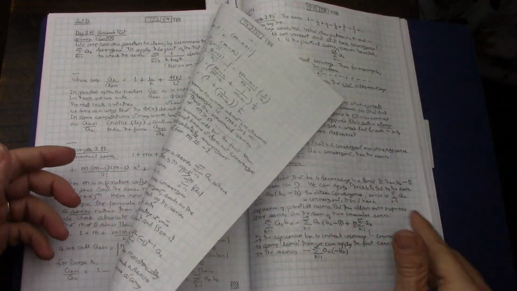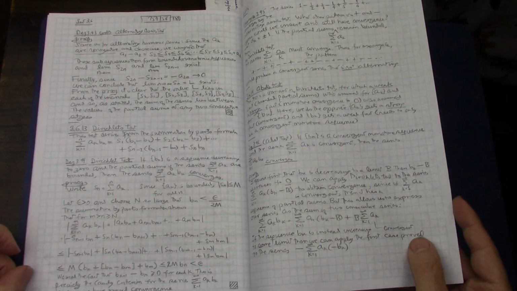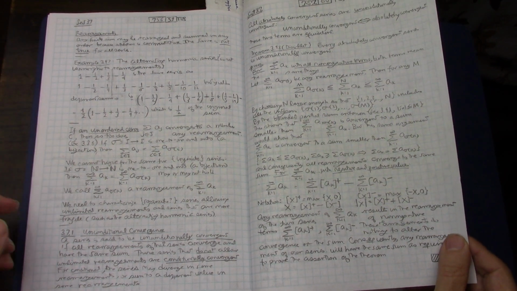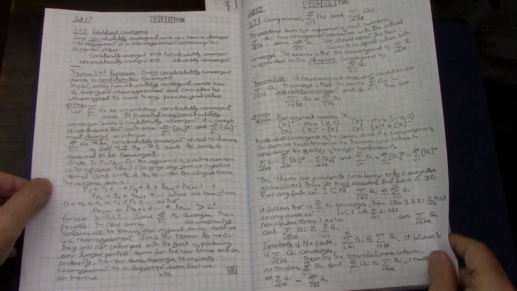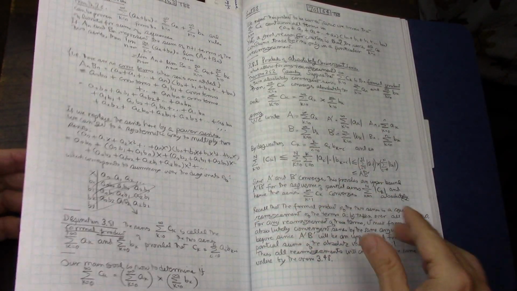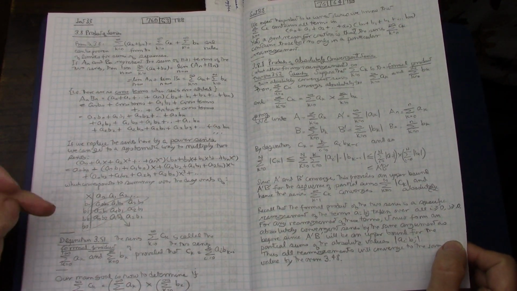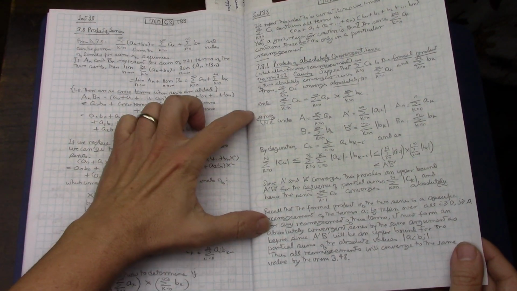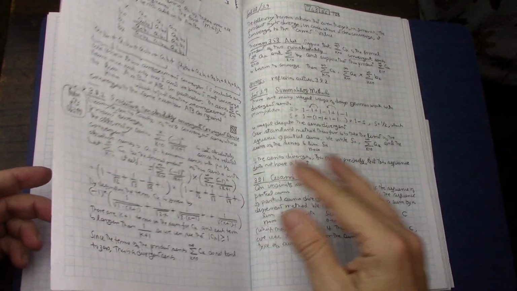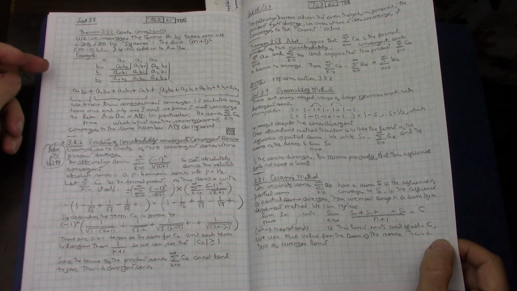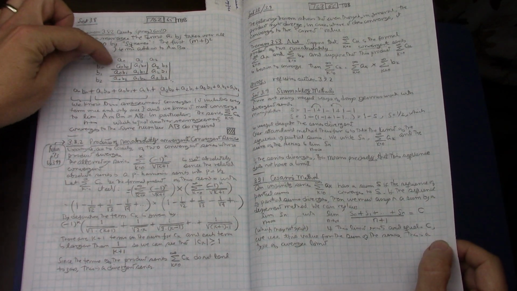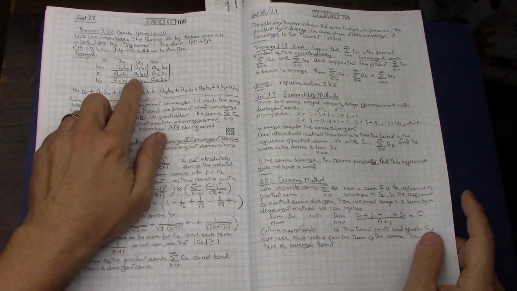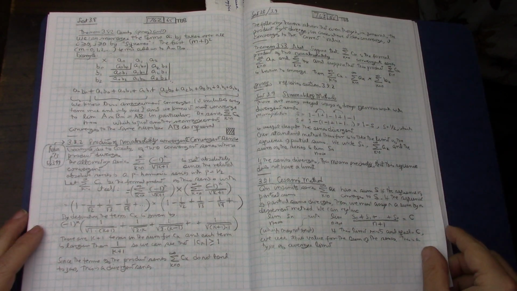Alternating series test, Dirichlet's test, rearrangements, and then ways to do the product of series with the Abel summation, and then ways to do it with the terms going in this way. I think it's called by squares.